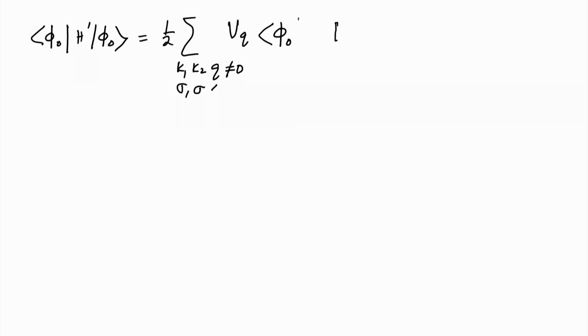And then I have a phi 0, and then I need some space here. So, I will just write it C k 1 sigma dagger C k 2 sigma prime dagger. Let us write it a little lower than that, because I need some space upstairs. And then we have to write the phi's also.